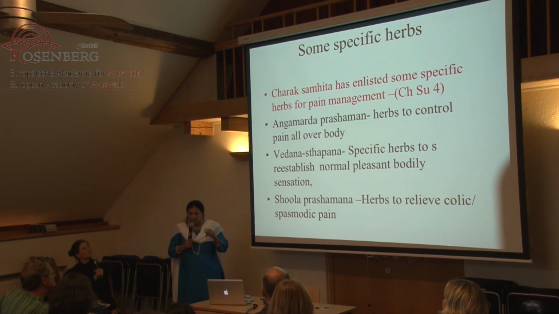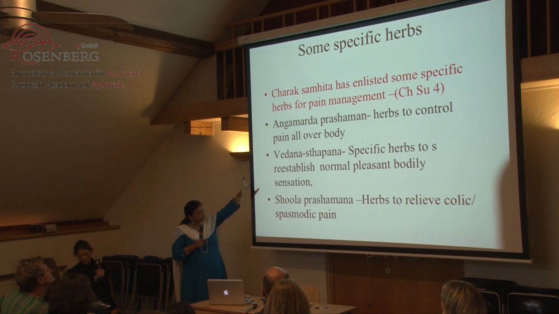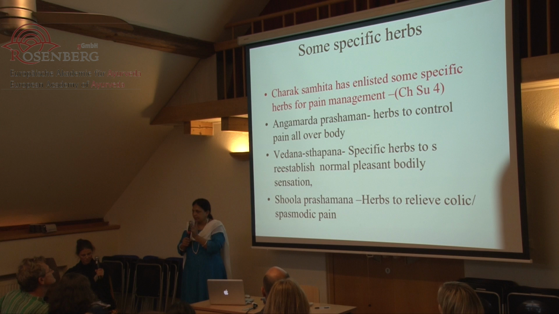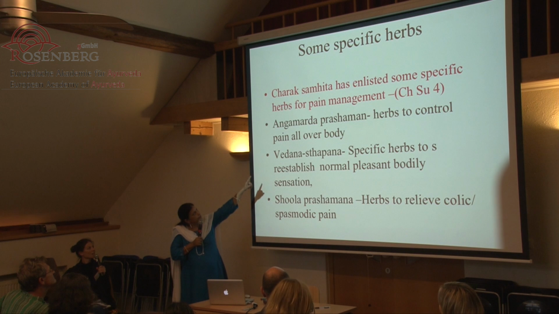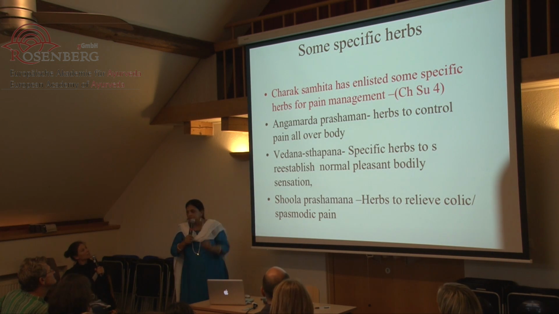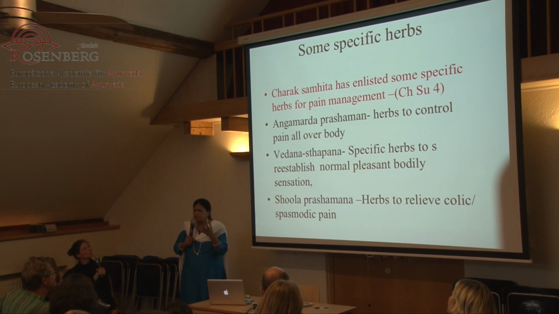And there is a third group, called Anga Marda Prashamana, which relieves generalized body pain, body ache. These are herbs to control pain all over the body. Because of ama, there is always diffuse body pain, aches and pains, as in fibromyalgia and chronic fatigue syndrome.